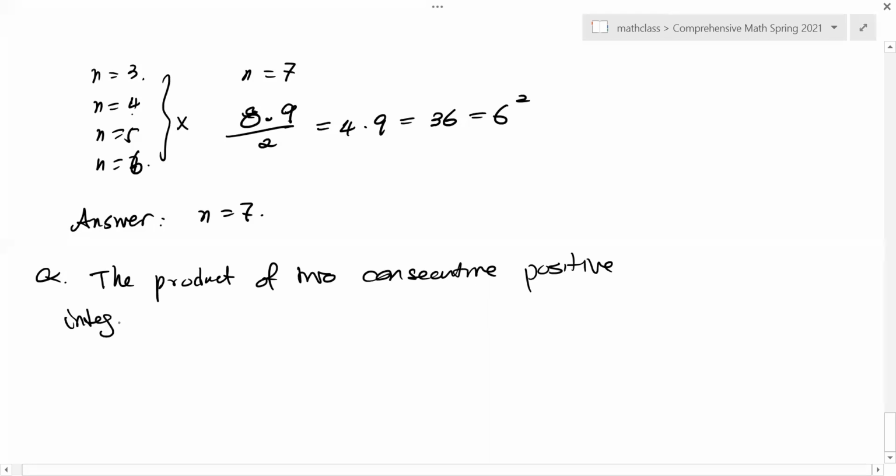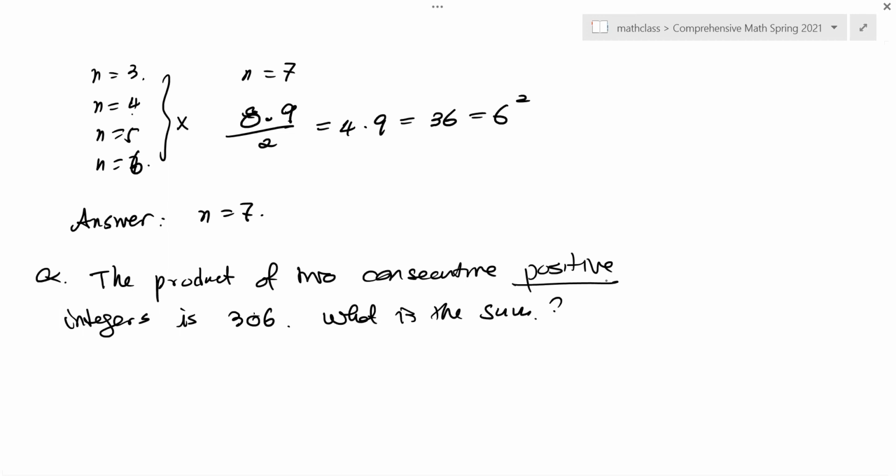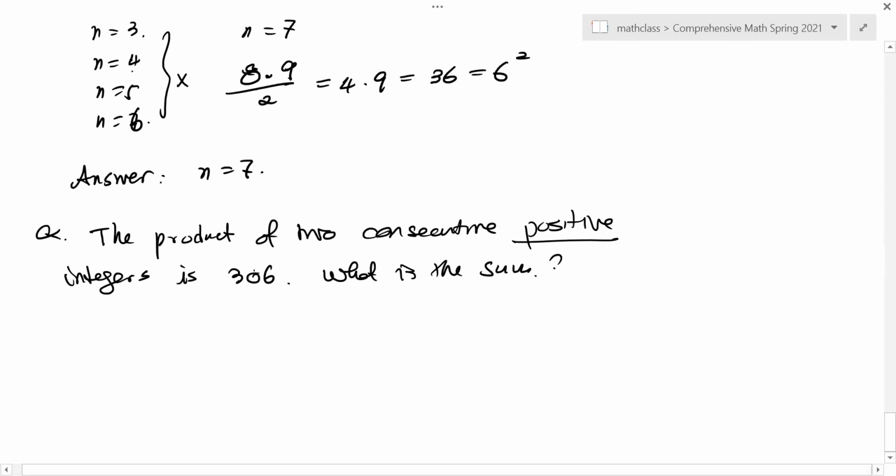If I remove the word positive, then you possibly have two solutions, and you need to be very careful about this. So the product of two consecutive positive numbers.